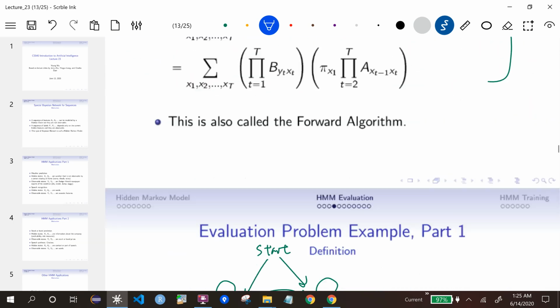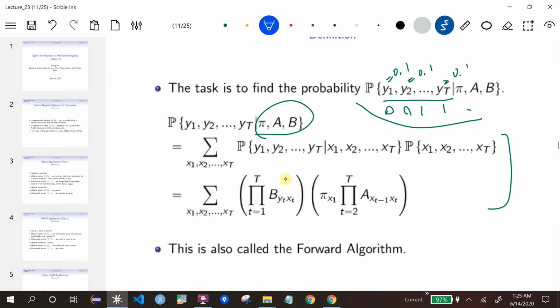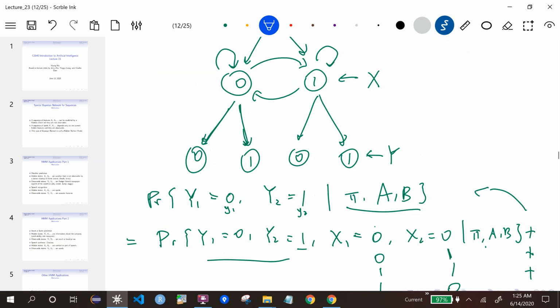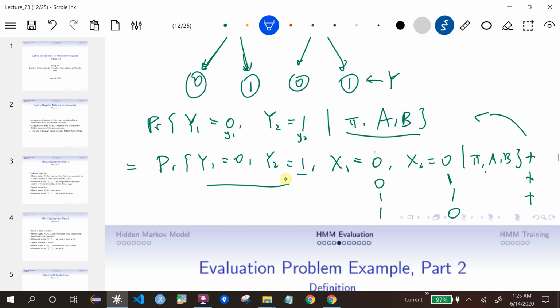Let's see if the formula says that. Yes, T here is 2, and 2 of these B's and 1 A are multiplied by the initial pi. Now I think you can understand these formulas a little better, and we're adding up all possible combinations of these X. Here there are 4 of them in the sum.